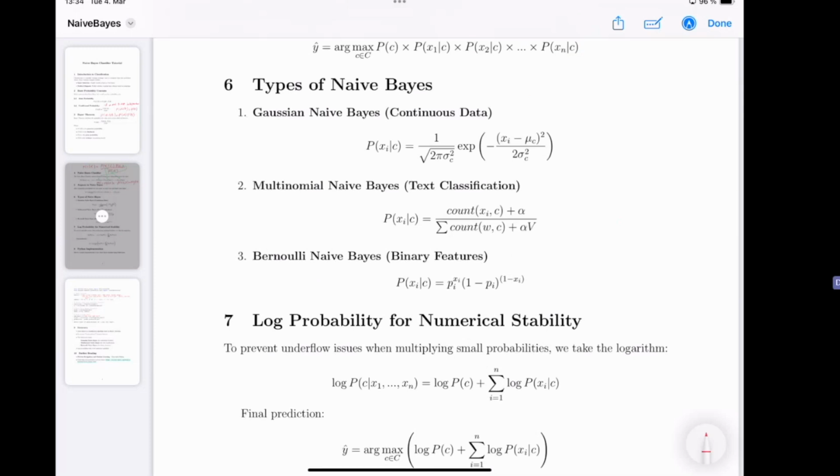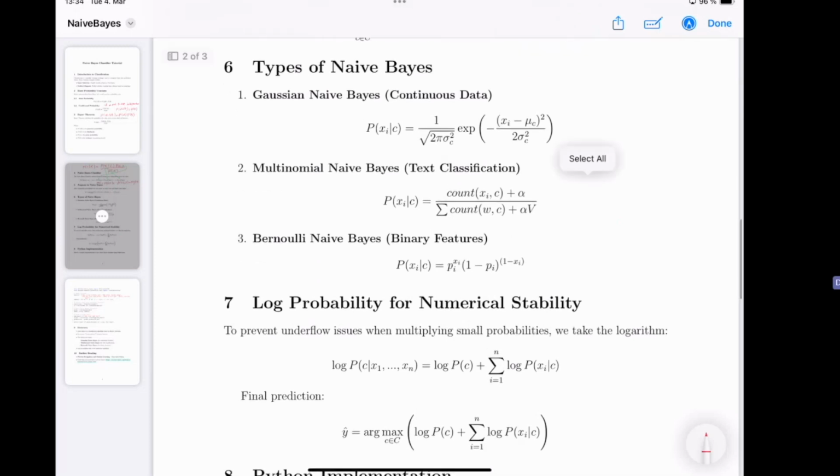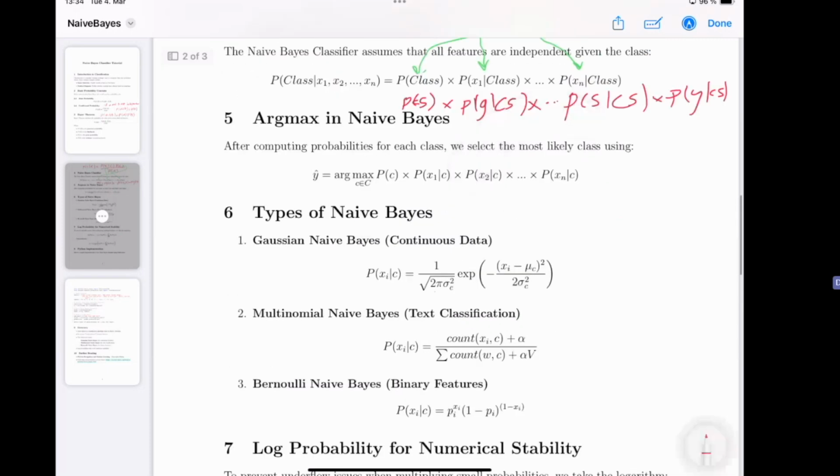Then we have the different kinds of distributions in order to calculate these probabilities of our characteristics inside our classes, meaning the probability of, let's say, being a girl in the class of computer science.